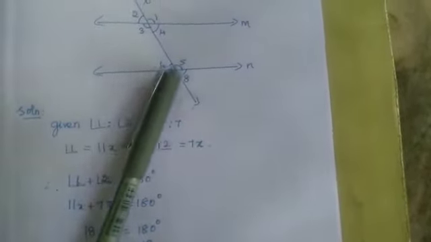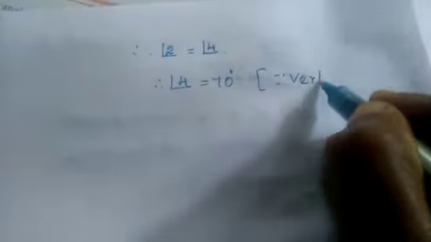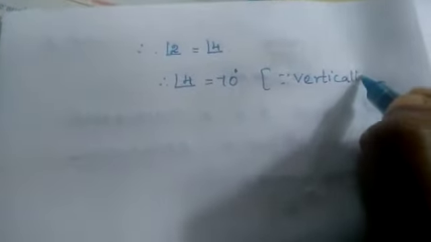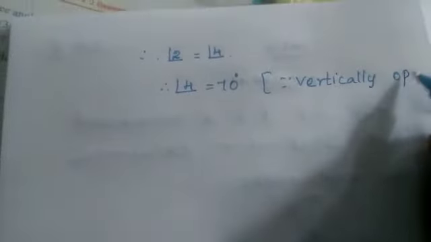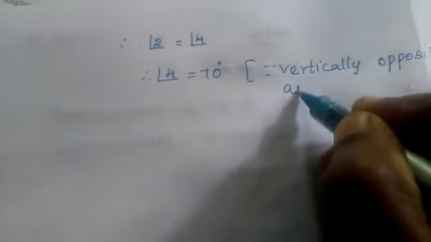In the same manner we can do all the other angles. Therefore angle 2 equal to angle 4, angle 4 equal to 70 degree, since vertically opposite angles are equal.